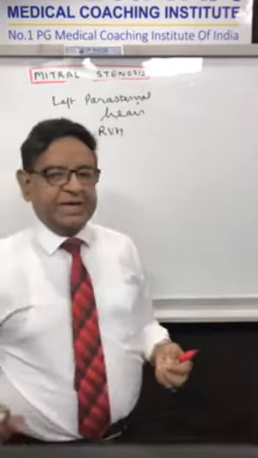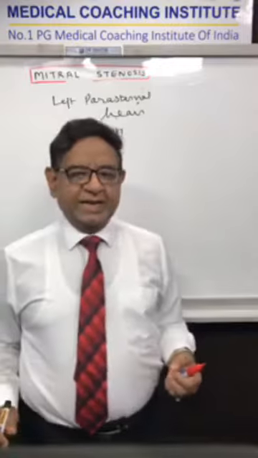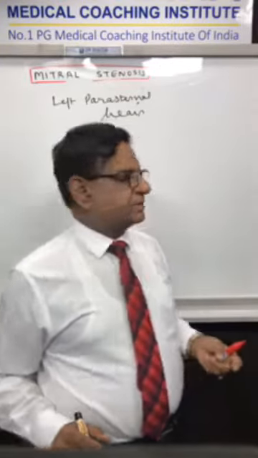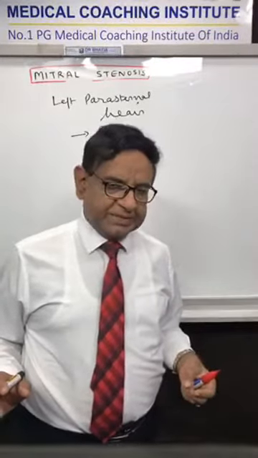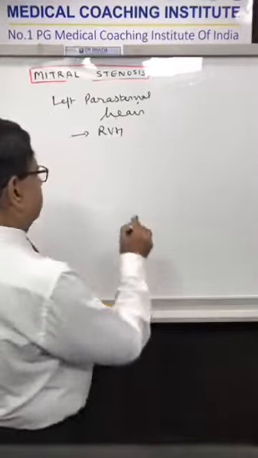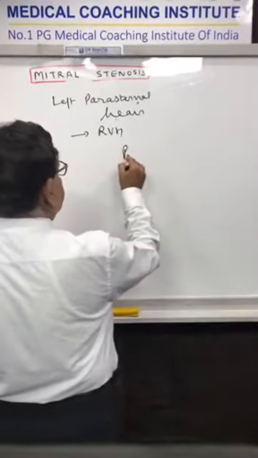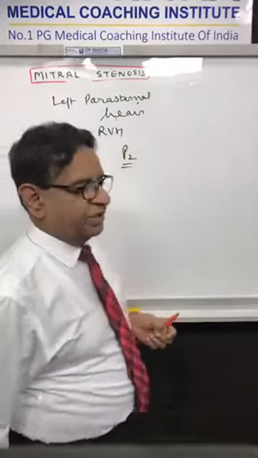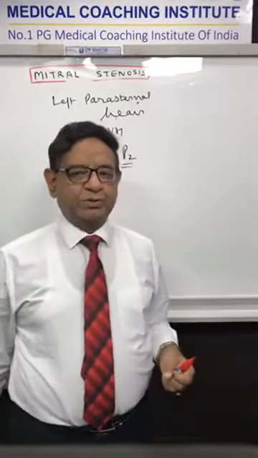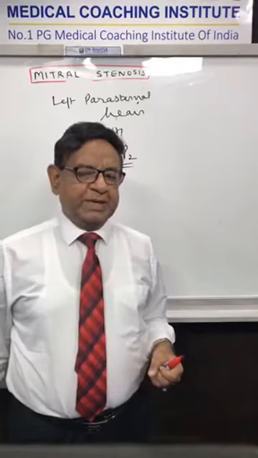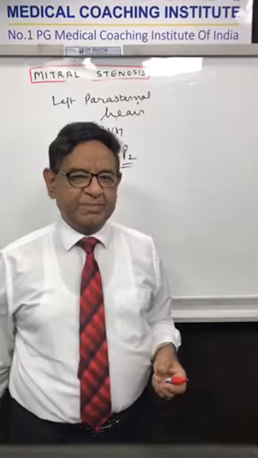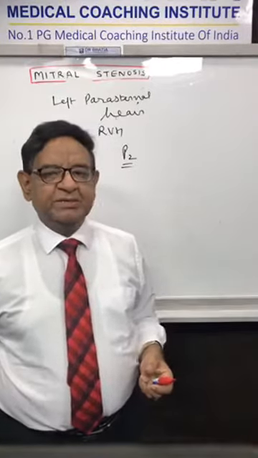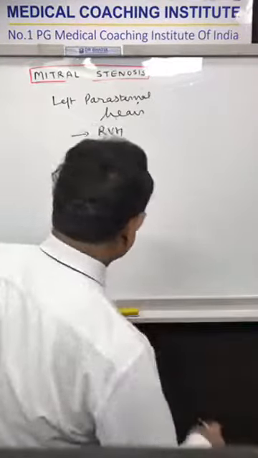So friends, in a nutshell, what we are getting is a loud S1, an opening snap, and if pulmonary arterial hypertension has occurred, you may get a loud P2 also. You get a tapping apex beat, left parasternal heave, prominent A wave, and a mid-diastolic murmur with pre-systolic accentuation.